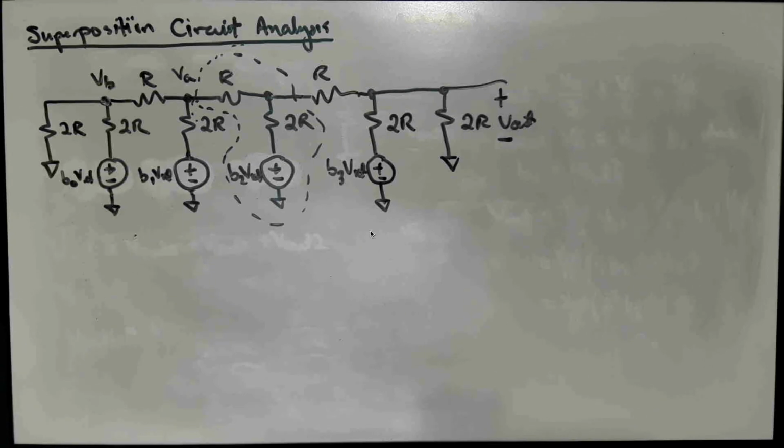So that's going to be our second example of using superposition to do a circuit analysis. You could also analyze this network with nodal analysis, and it wouldn't be too bad for our 3-bit D to A converter.